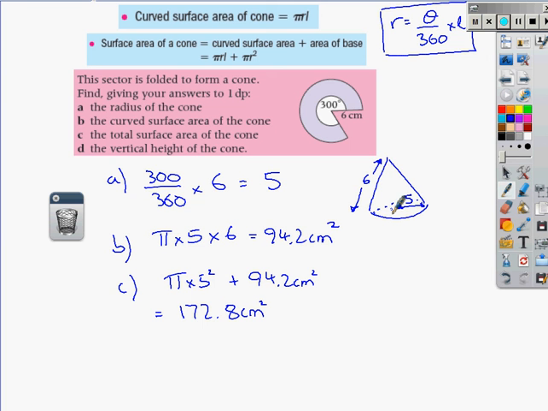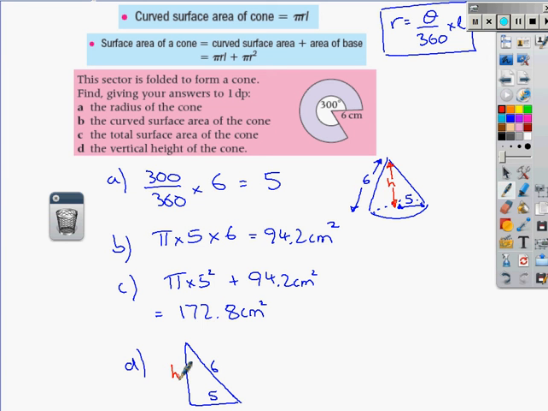And finally, we want to try and find out the vertical height of this cone. Okay, so what have we got here? Well, we're trying to find out this length here. Let's call it h. We know this length here is 5. We know this length here is 6 because this side is 6. So if we want to draw that triangle so we can see it a little bit clearer, we've got a height that we're trying to find out, a base of 5, and a diagonal of 6, and this length here is my h.